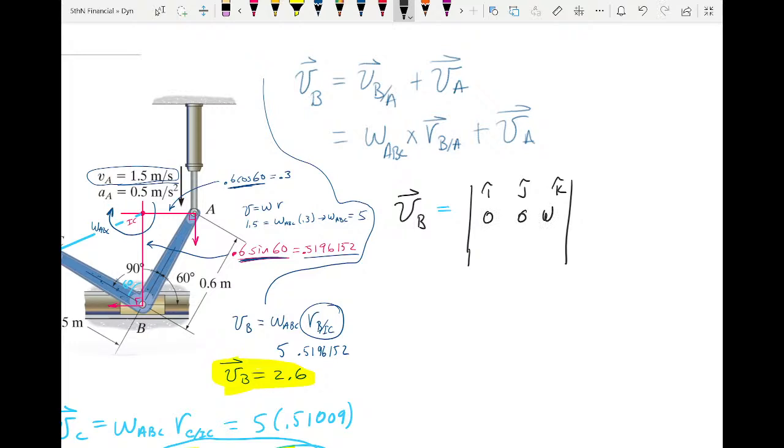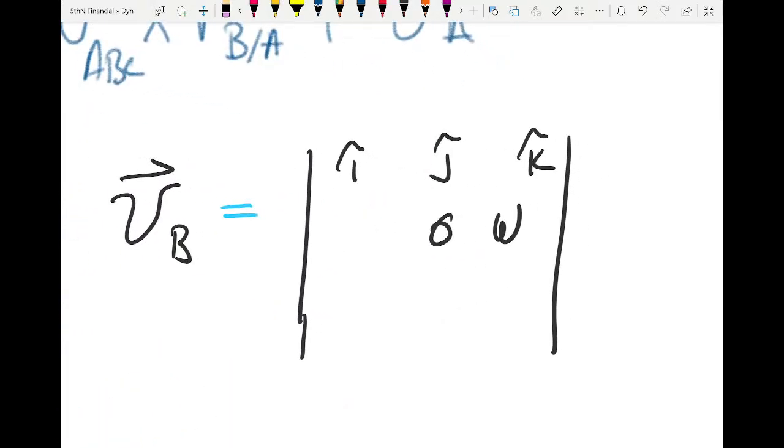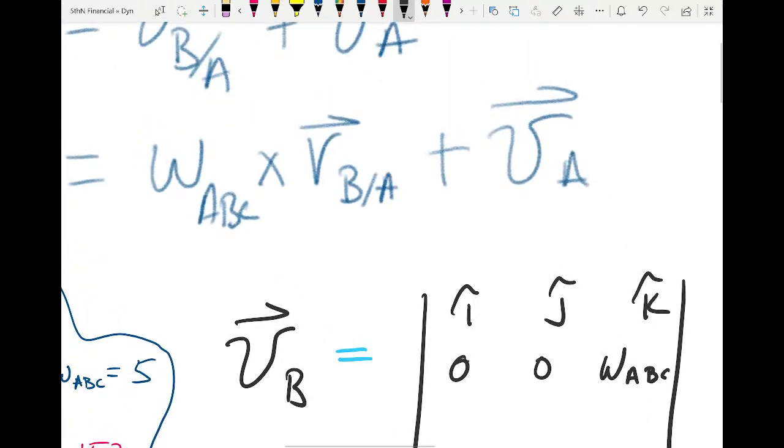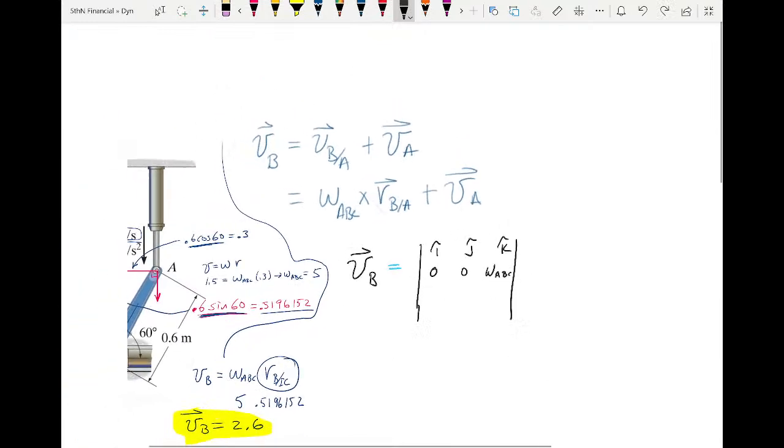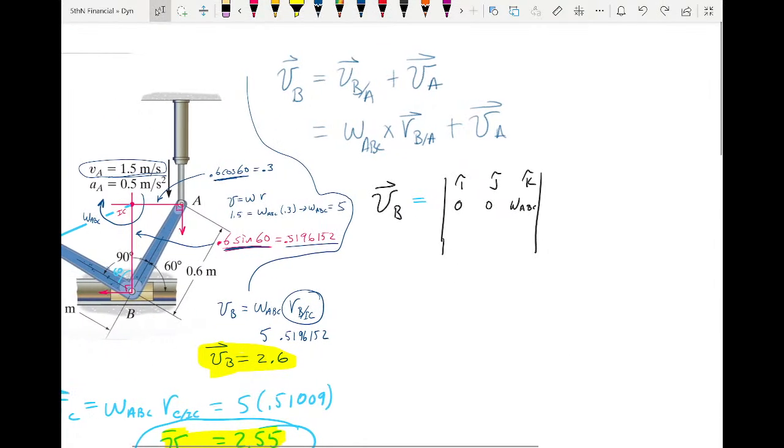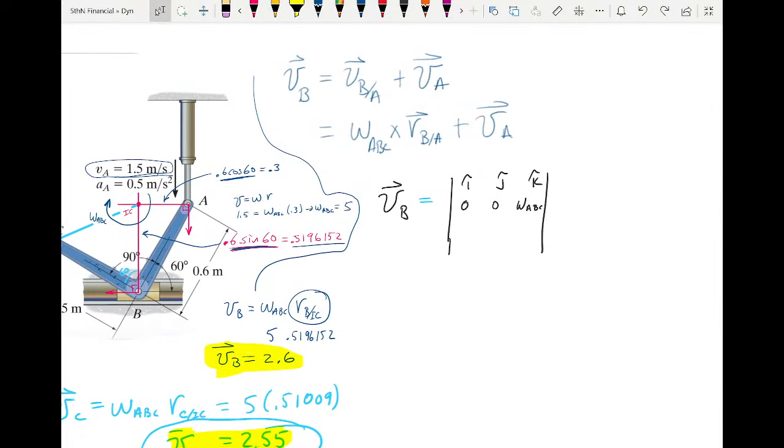So omega, here, let me do it this way. A, B, C. Then the next is to find that vector that originates at A and is drawn towards B, which looks like that.